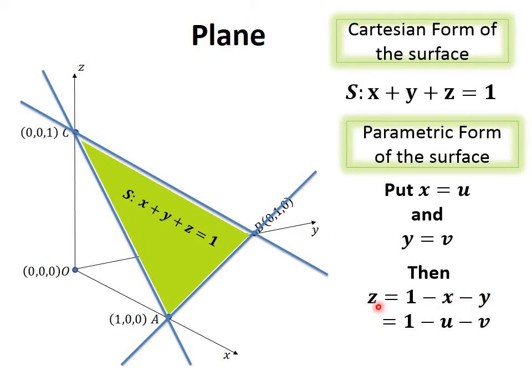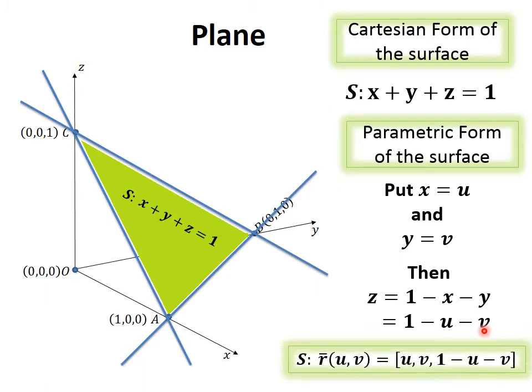So we got z as 1 minus u minus v. Now the Cartesian form of the surface is x plus y plus z equal to 1 and the parametric form of the surface is r bar of u comma v, which is u i cap plus v j cap plus 1 minus u minus v k cap.